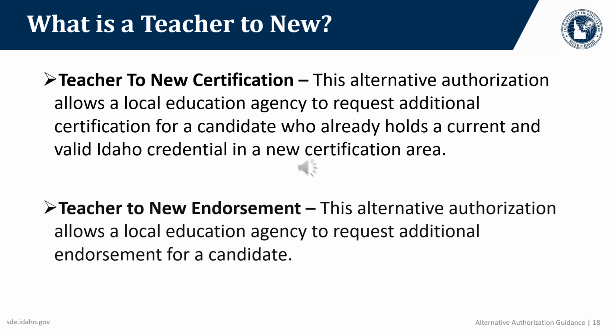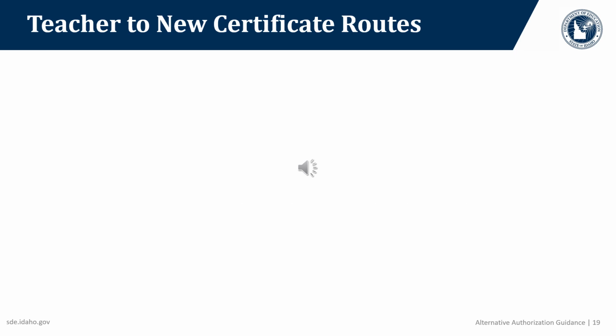Teacher to New endorsement allows a local education agency to request additional endorsement for a candidate who holds a current and valid Idaho credential. Routes towards certification and/or endorsement may include coursework using a traditional program, having a baccalaureate degree or higher in the content area, or passing a content assessment and completing a one-year state board-approved mentoring program.